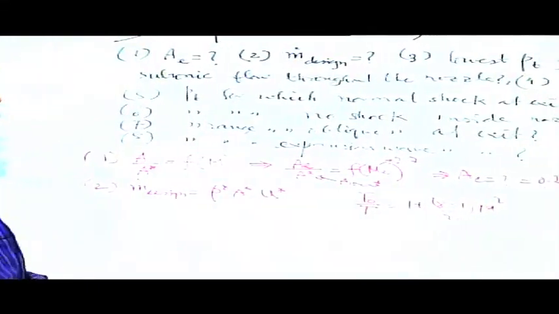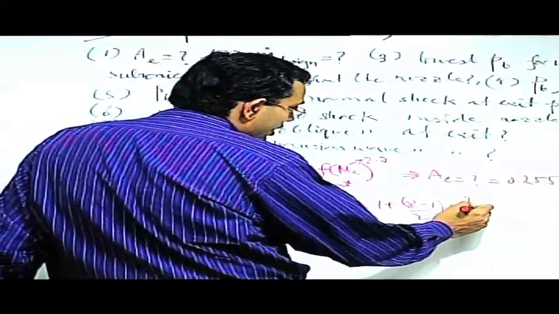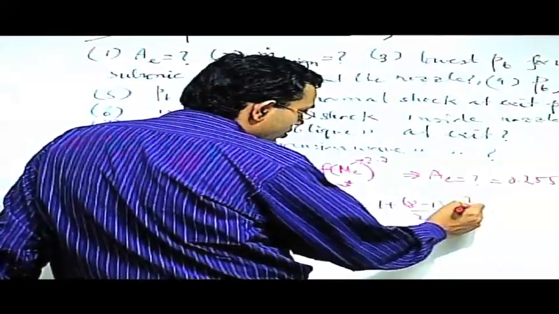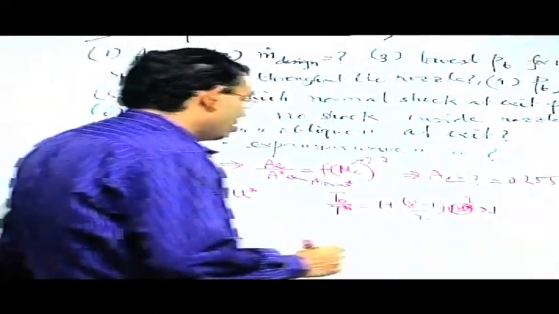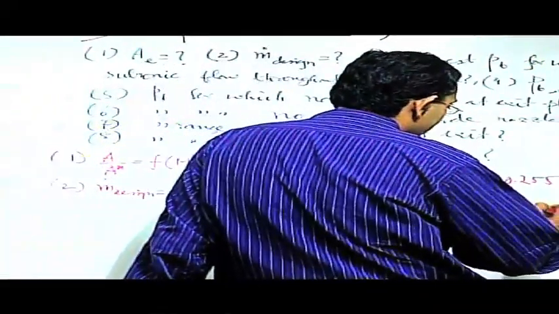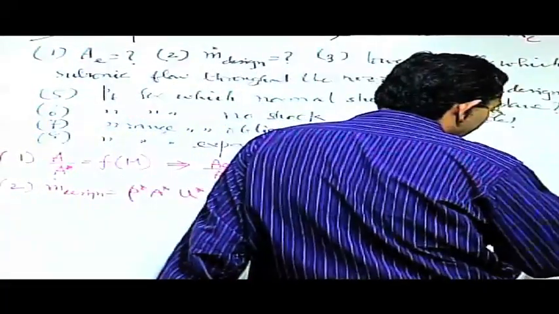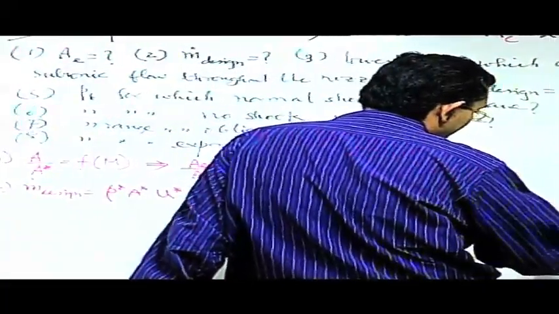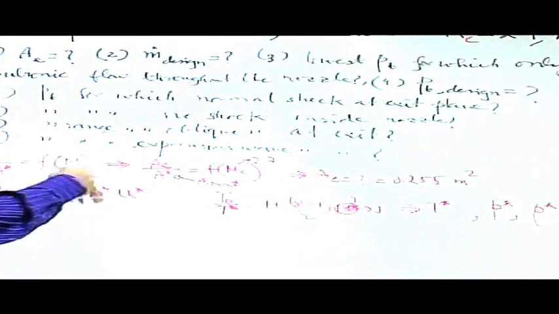We can find out T star by noting that when the star condition is there, M star is equal to 1. So, putting that value, we may find out T star. Similarly, we may find out P star, rho star, etc. by using the isentropic equations.